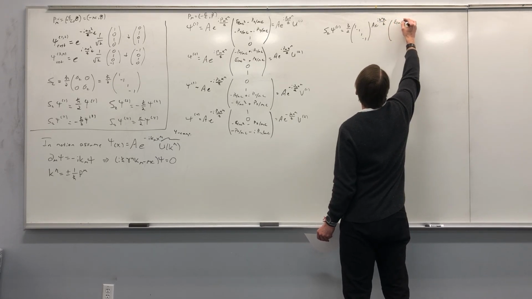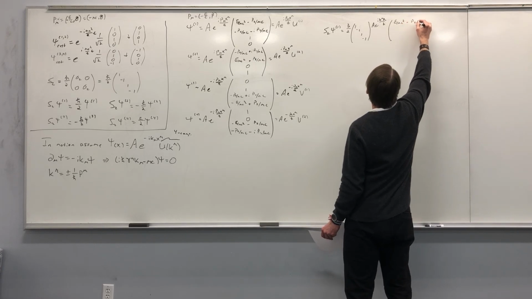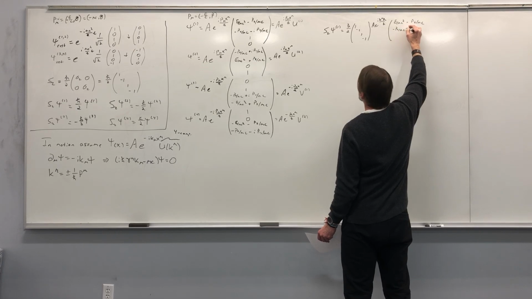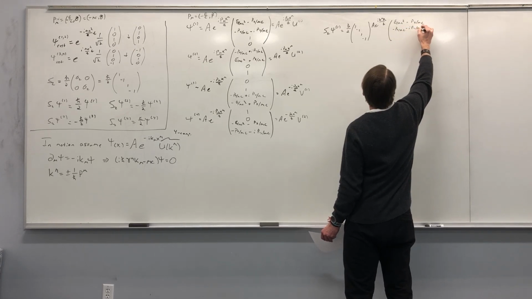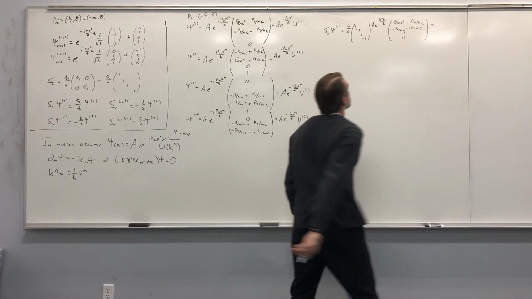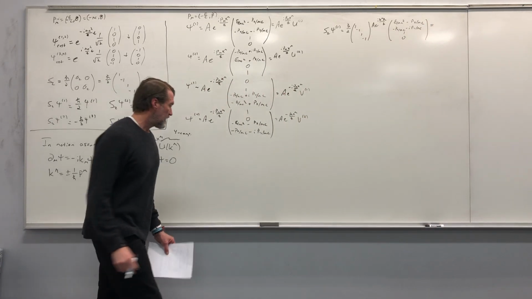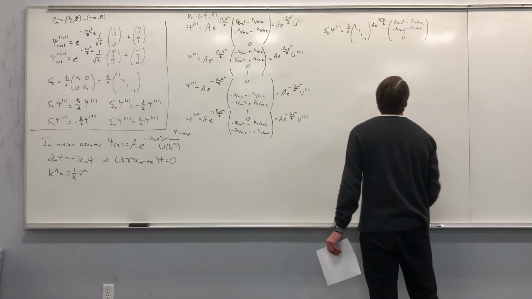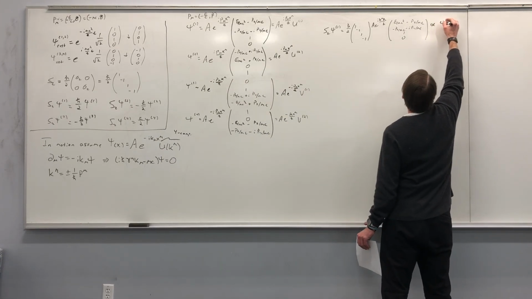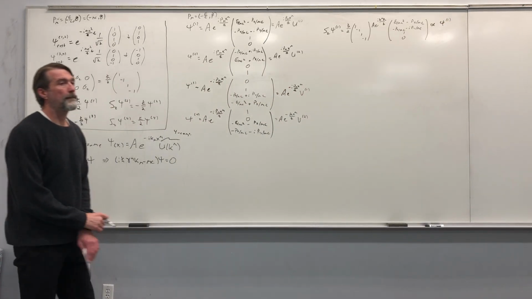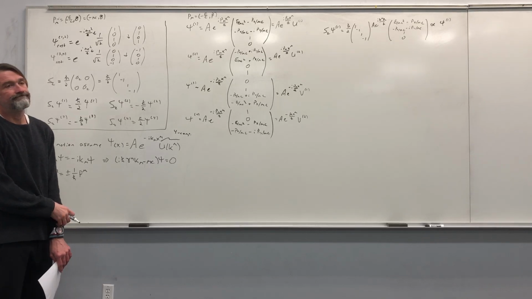Oh boy, I think I already see the problem. Does anybody see the problem? Is this in any way, shape, or form proportional to the thing we started with? Nope.